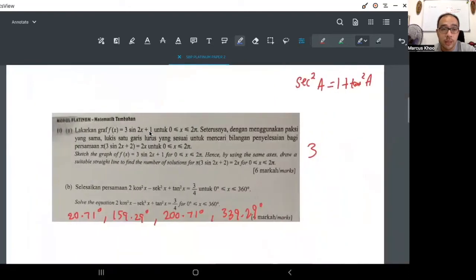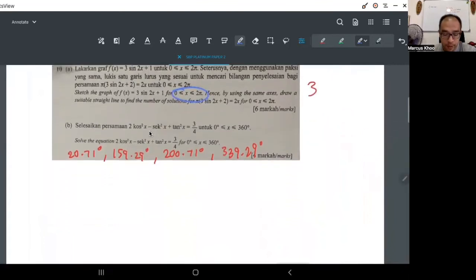Okay, question number 10. Sketch the graph of fx equals to 3 sine 2x plus 1 from 0 to 2 pi. Okay, so sine graph, since this is sine 2x, so 0 to 2 pi is 2 cycles, 1, 2. Okay, this is 2 pi. So halfway is pi, halfway of this is 3 over 2 pi, and halfway is pi over 2.